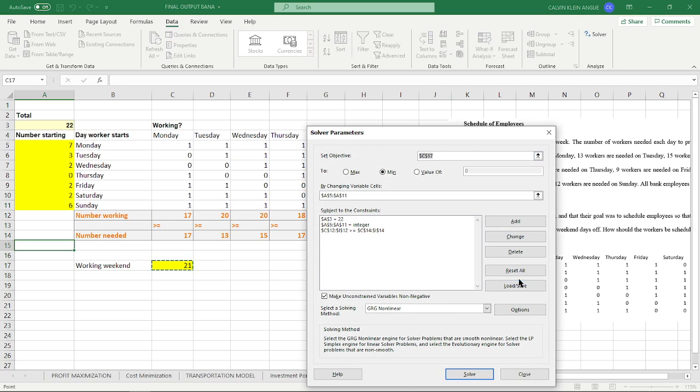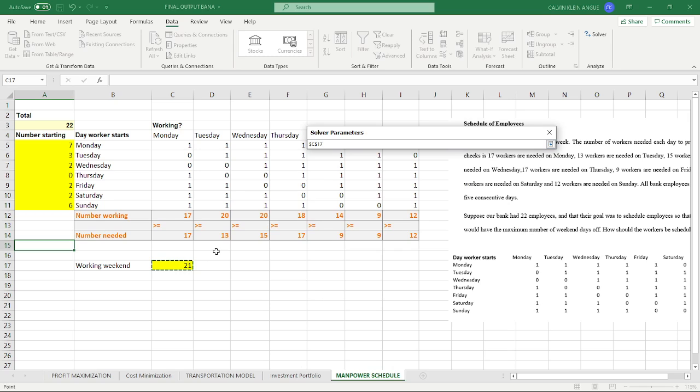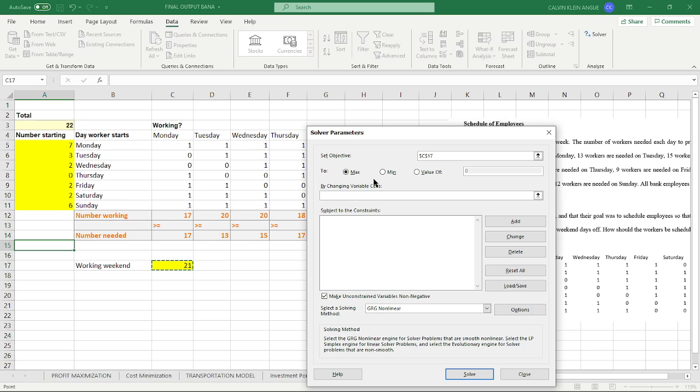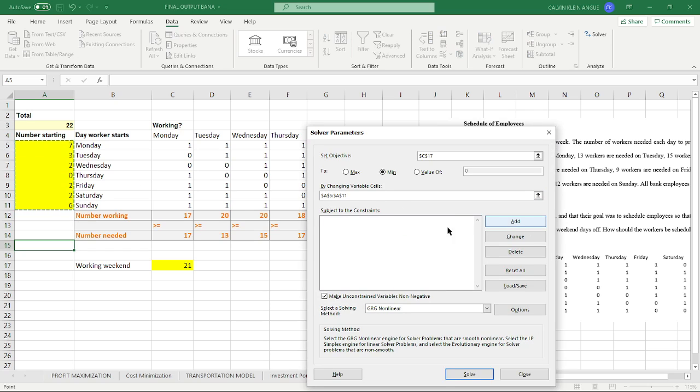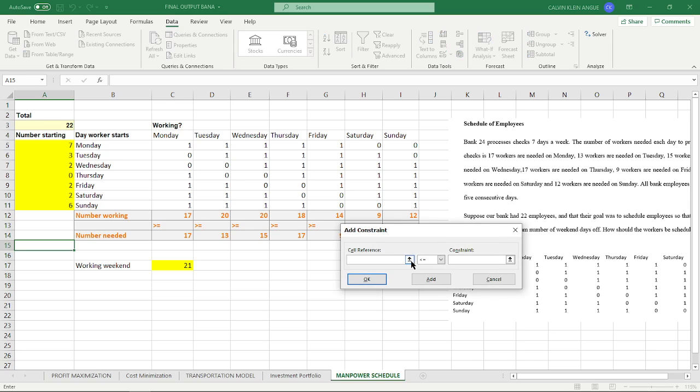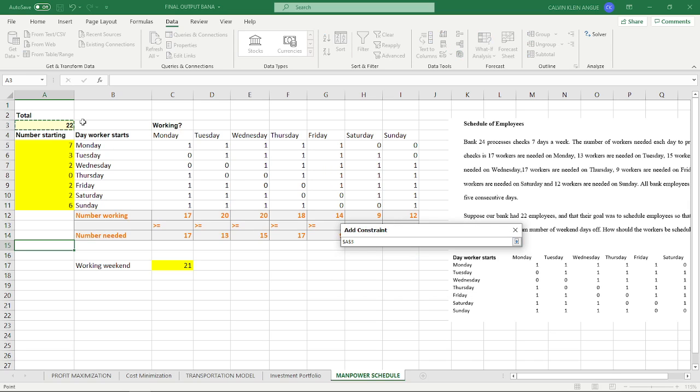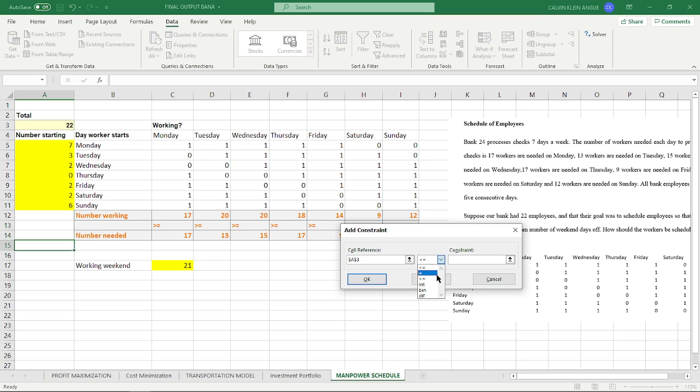Then we need to solve it. So let's reset. Our objective is this, so we need to minimize it. Our changing variables will be this. Then for our constraints, our cell reference is here, and it should be equal to 22. Just put 22, then okay, then press add.